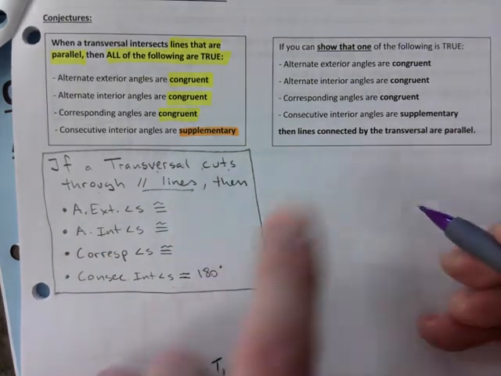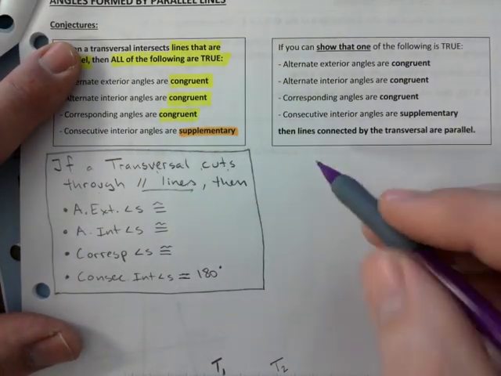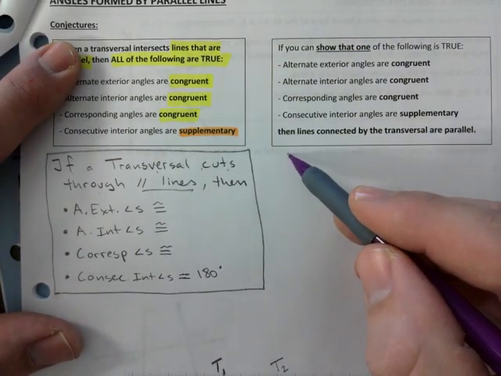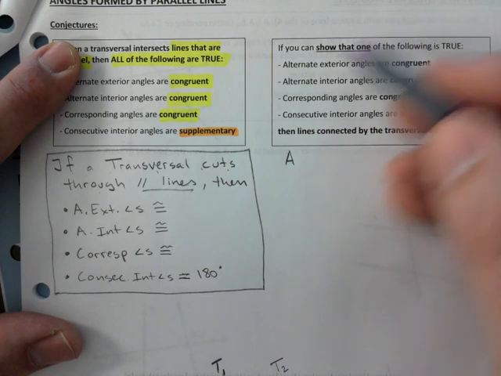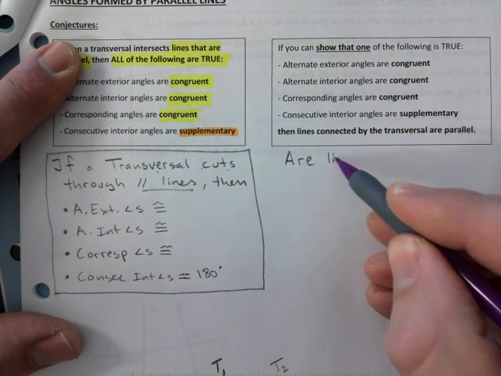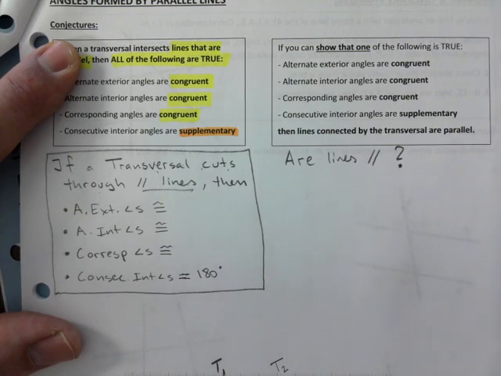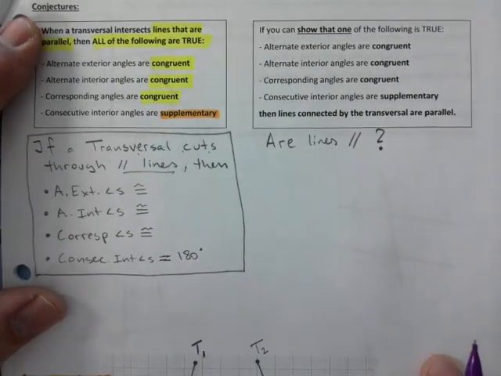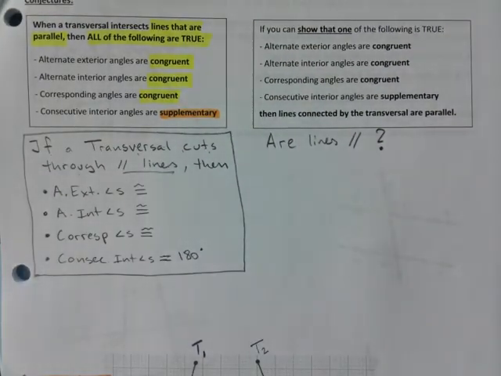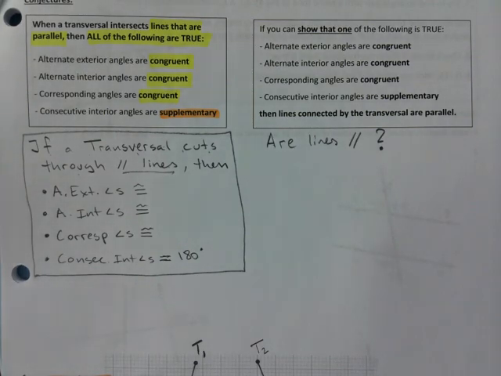On the other hand, if it ever asks you, this is what this box is referring to: are lines parallel? Question mark. It's like, hey, show me how you know lines are or are not parallel. That's what I will start asking more often.